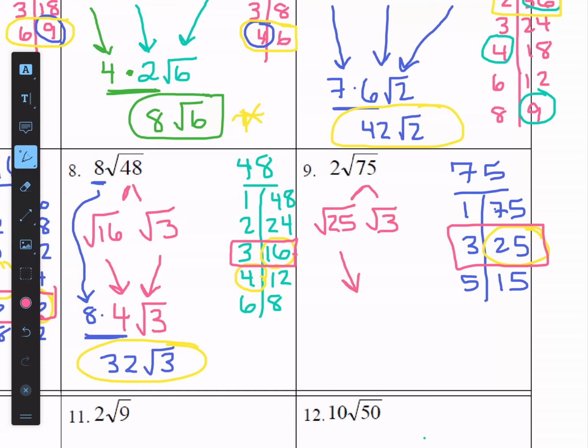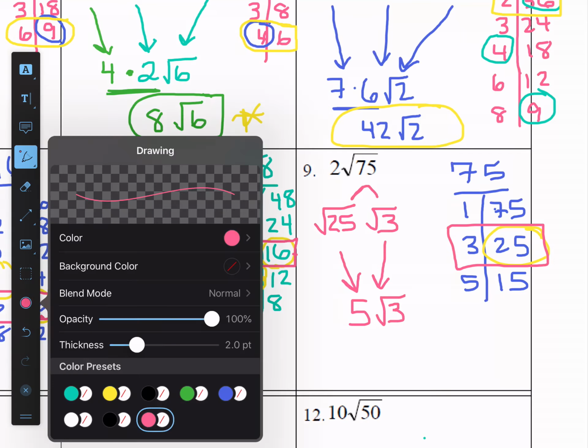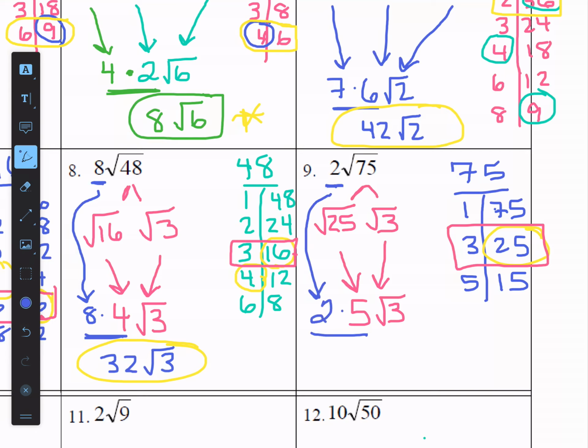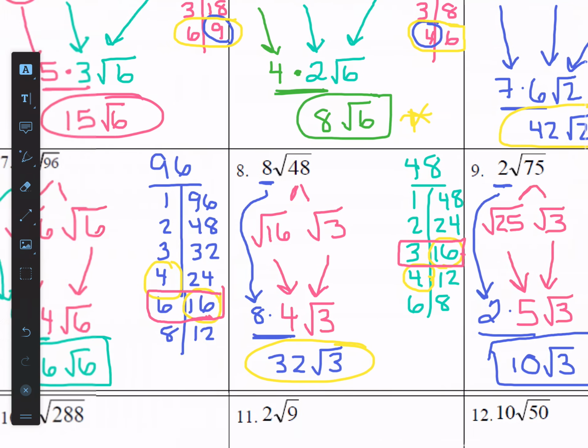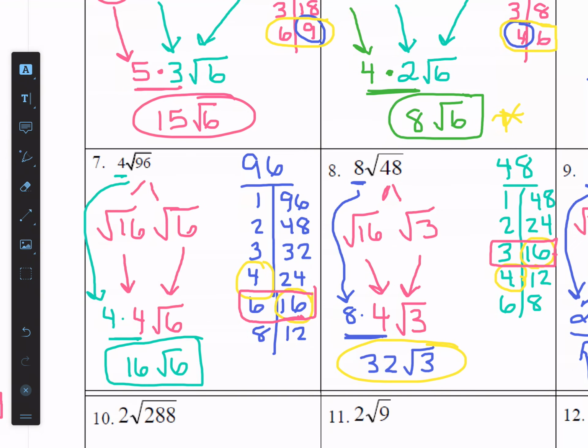So the square root of 25 is 5. And then we bring down our radical 3. Okay. And remember we had the 2 in the beginning, so we bring that down. And 2 times 5, we get 10 radical 3. Okay, very good. Alrighty. The rest of these are just really the same thing.